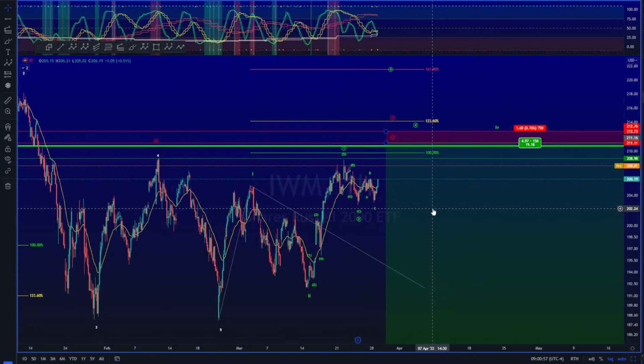If it pulls back, well, what credit that you received by selling that covered call is going to reduce the loss that you would incur if IWM does pull back. But you're still maintaining your long position. You're collecting the credit. And heck, depending on how many shares and how many that you sell, you may actually be able to buy more shares at the end of the day, depending on how far out you go.